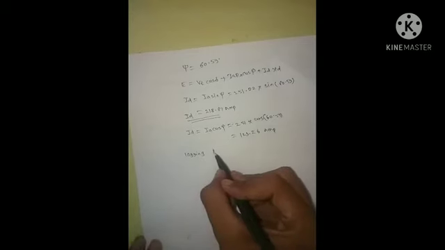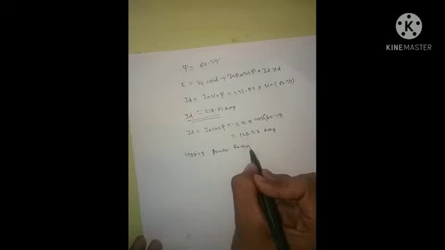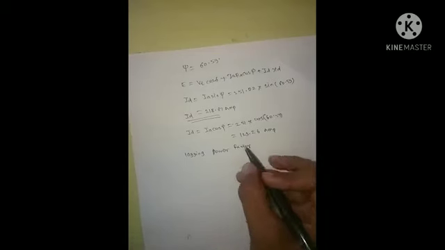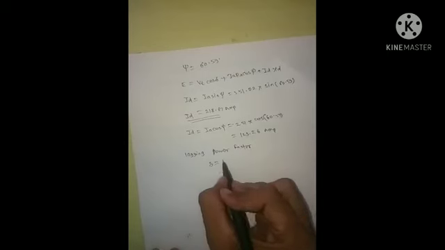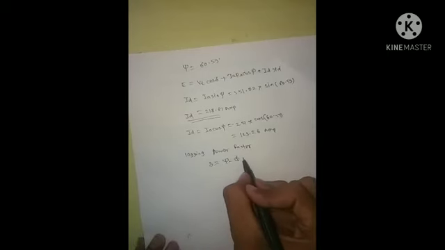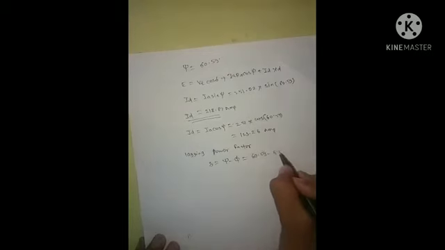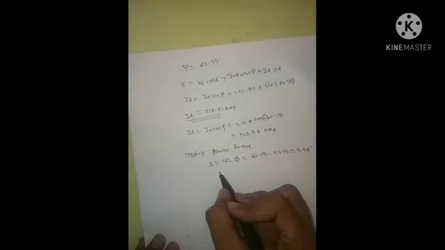So now we have to find out for the lagging power factor. For lagging power factor, delta equals psi minus phi equals 60.59 minus 53.13, and the value is 7.46, is the angle of delta.